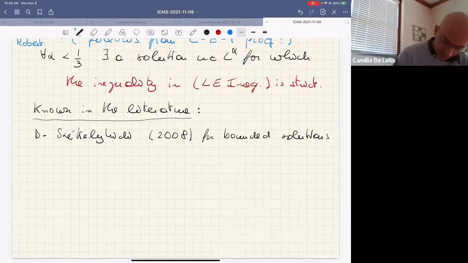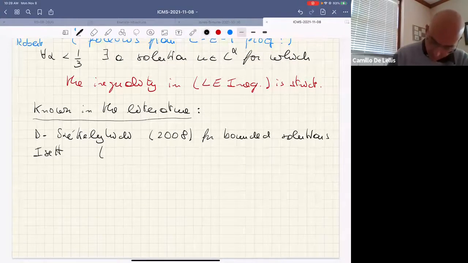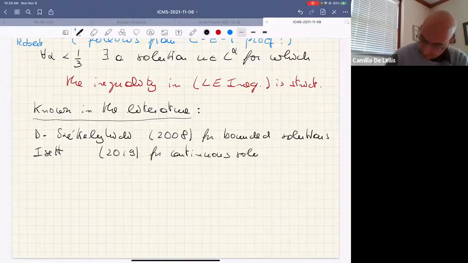Then it's a work by Phil, who first constructed, recently, maybe 2018, 2019, I'm not completely sure, the first example of continuous solutions, which can be upgraded to Hölder in the same paper.